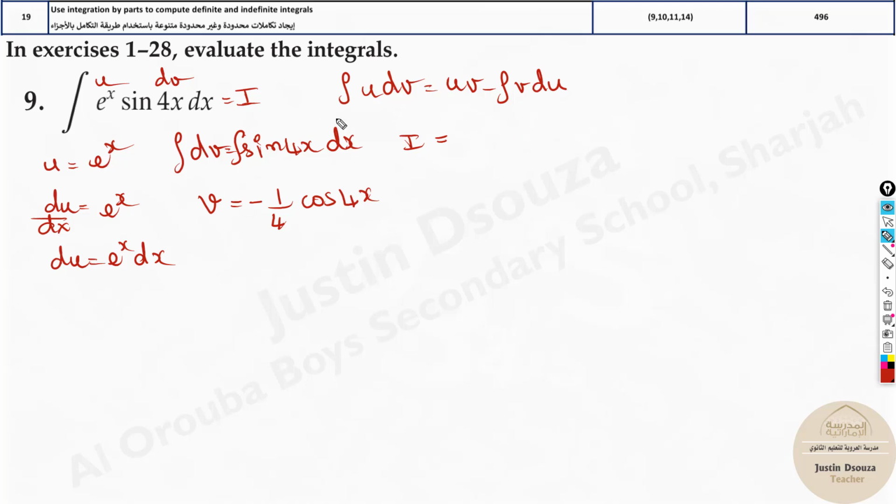Now what is the u value? It is assumed to be e to the power x. Then what is v? v is negative 1/4 cosine 4x. And what is du? It is e to the power x dx.